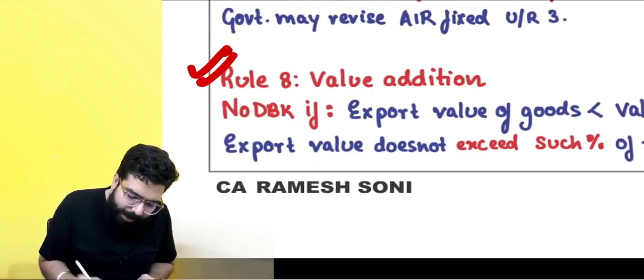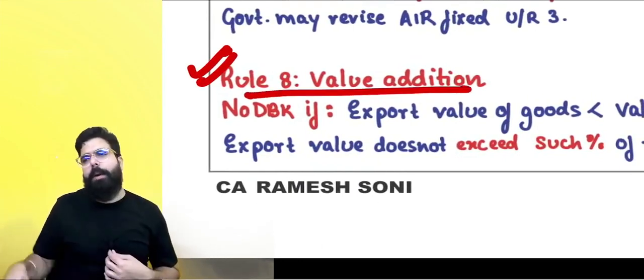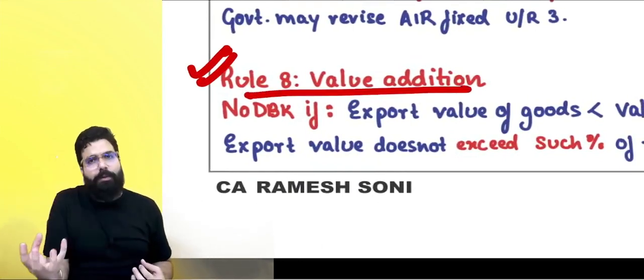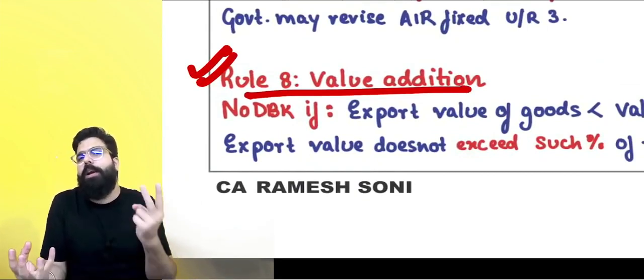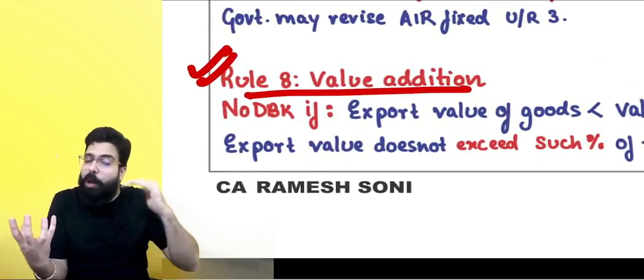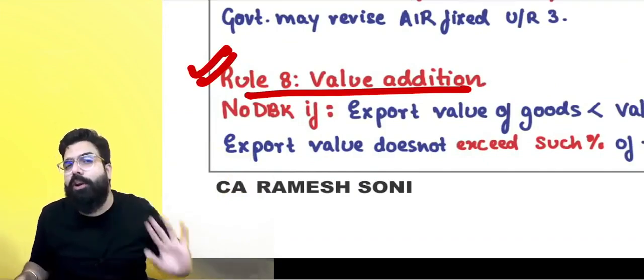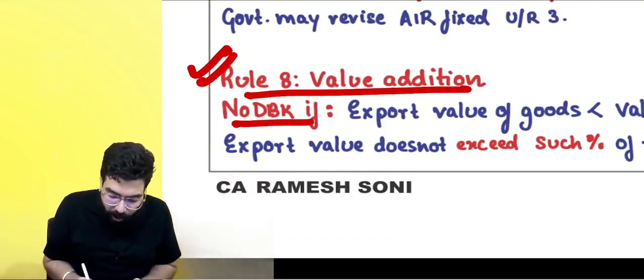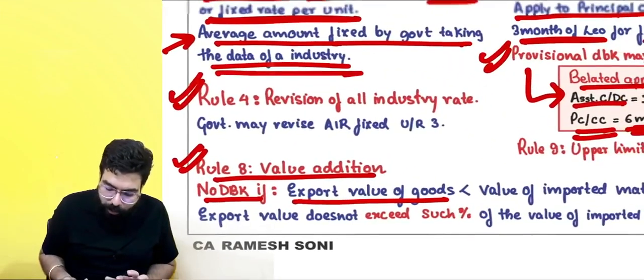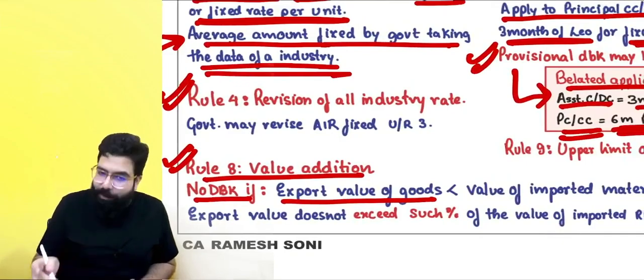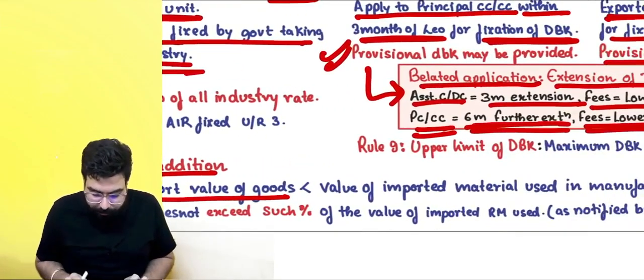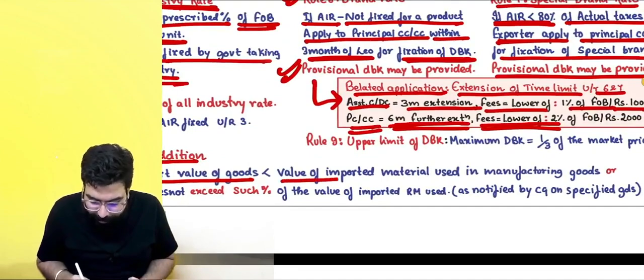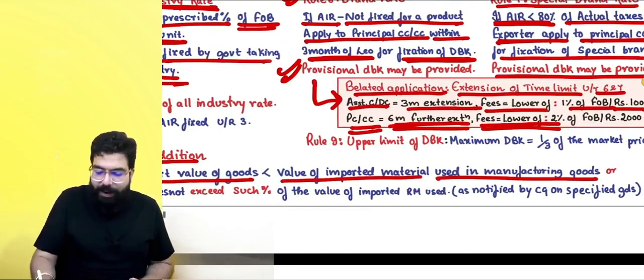Now, rule number 8 over here is value addition. Always remember, when you imported the goods, if you have spent $100 and government has told 20% value addition, you have to exceed the value addition, only then duty drawback will be given. No duty drawback if the export value of the goods is less than the value of imported material used in the manufacturing.